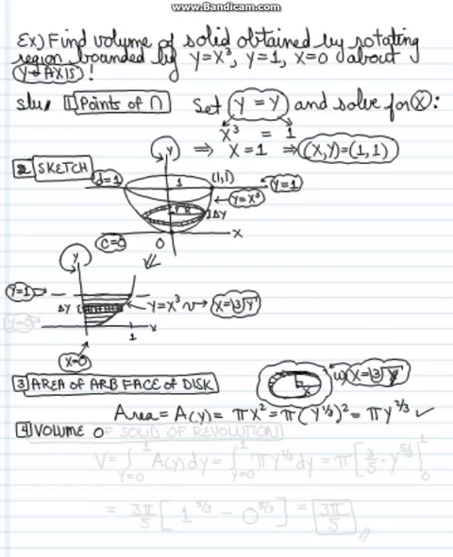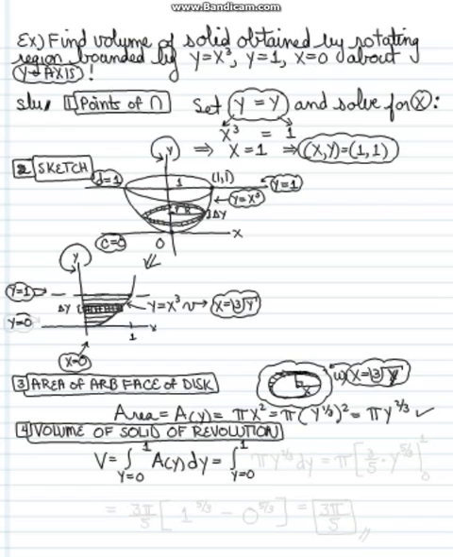Step 4, the volume of the solid of revolution is formed by taking the integral. That's the process of stacking these disks. After you've spun it around, you're going to stack the disks from the bottom at y equals the lower limit 0 to y equals 1 of the area of the face. And the area we found in step 3 is pi times y to the 2/3 power.